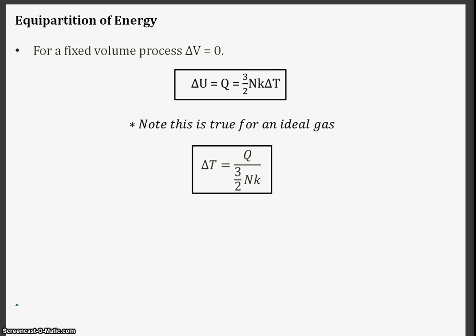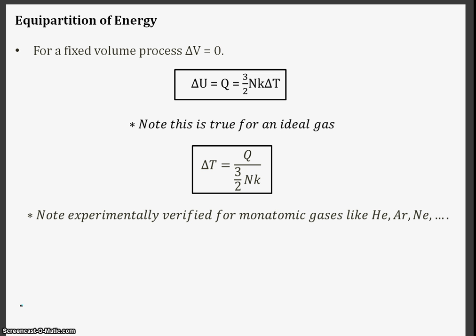Remember we had 3/2 R as the molar heat capacity; 3/2 k would be the per molecule heat capacity. And for an ideal gas, this is exactly what is found. This is experimentally verified for monatomic gases like helium, argon, neon, things like that.